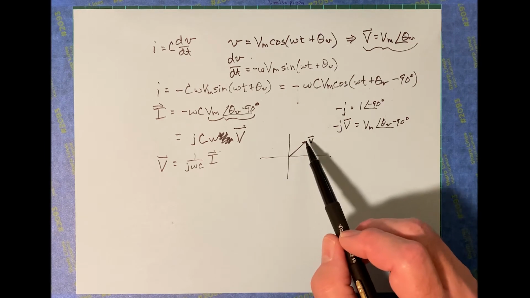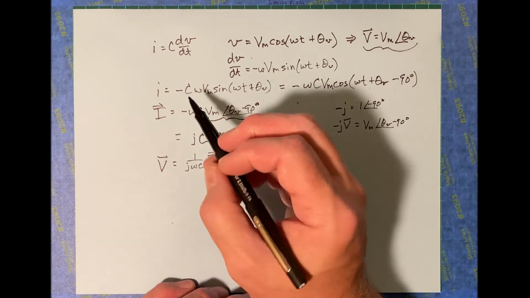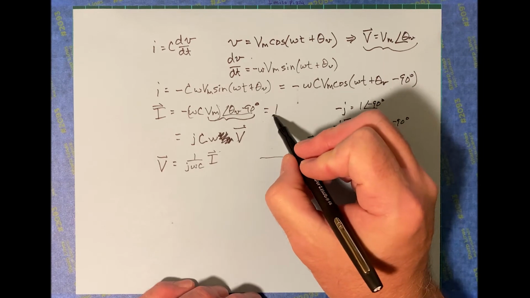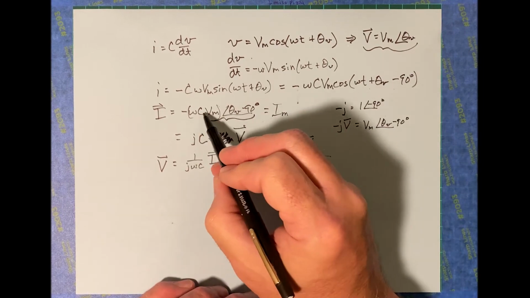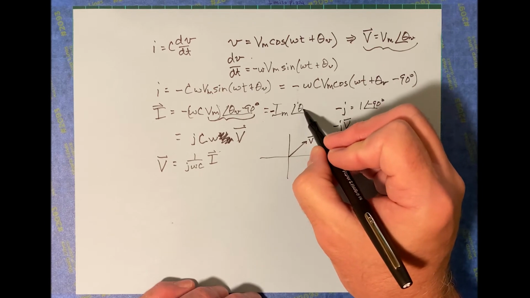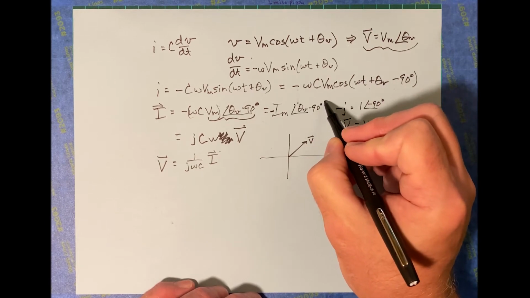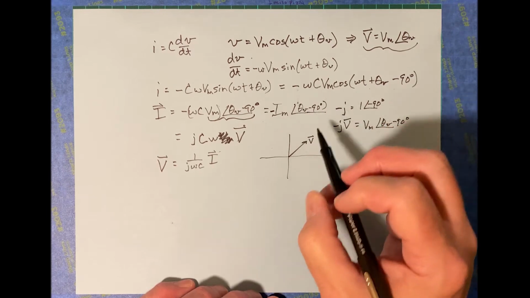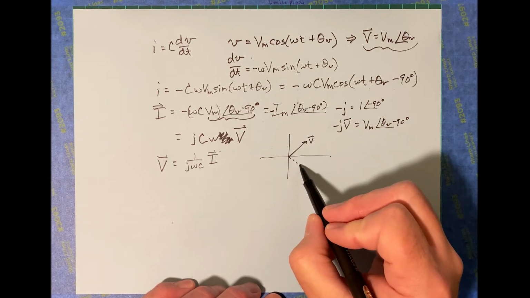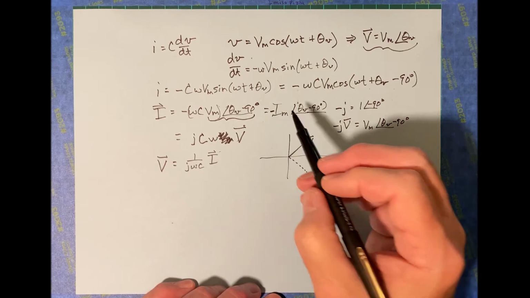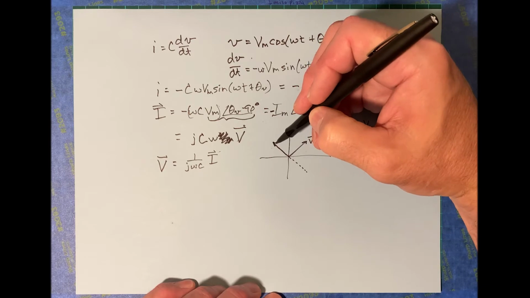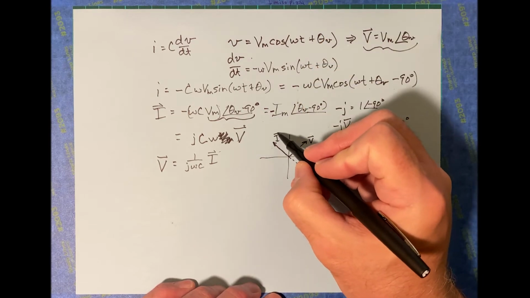Notice that this part right here could be written as some maximum amplitude, negative, times the angle theta V minus 90 degrees. You might think theta V minus 90 degrees is going to be back here in this direction, but that negative sign flips that and puts it up in this direction. So this is phasor I.